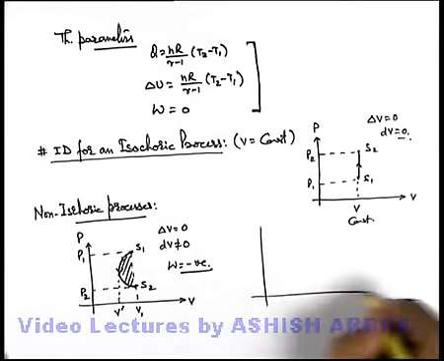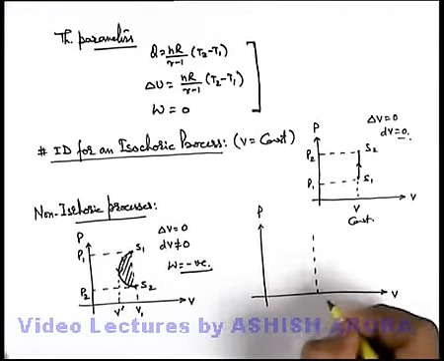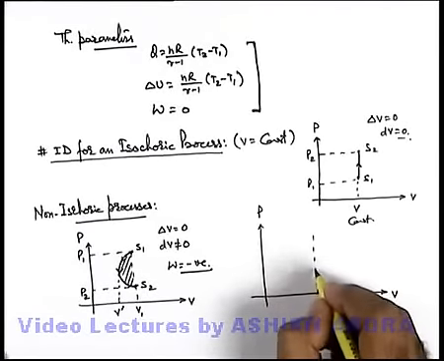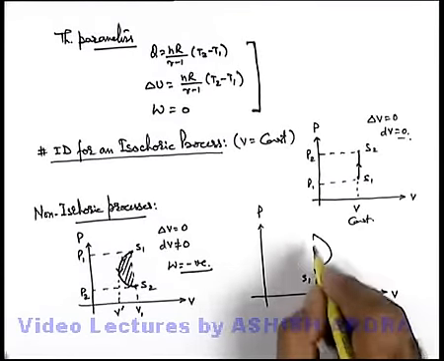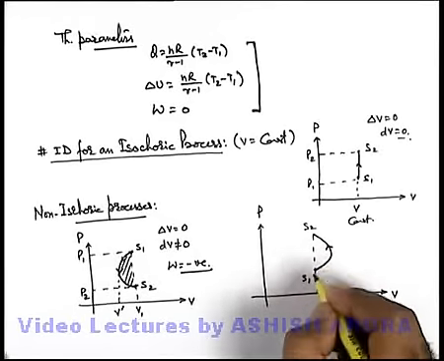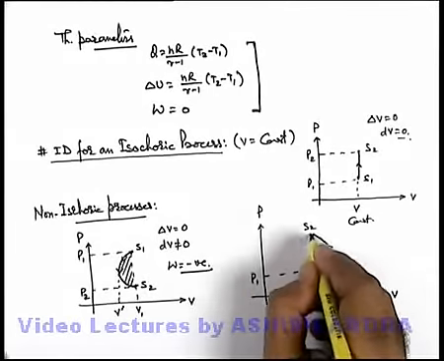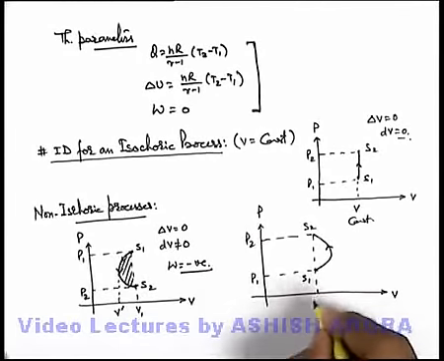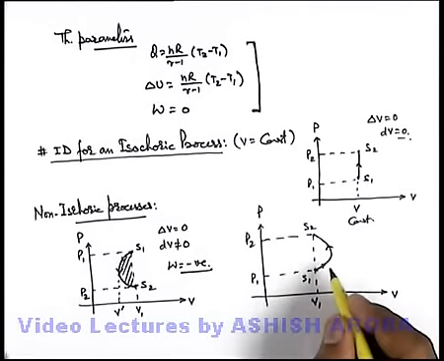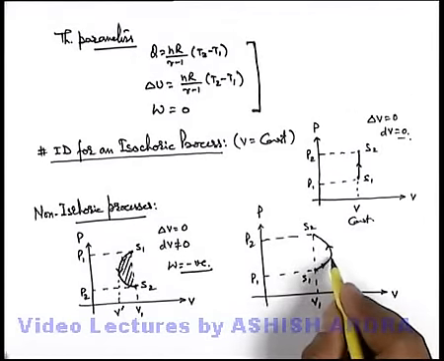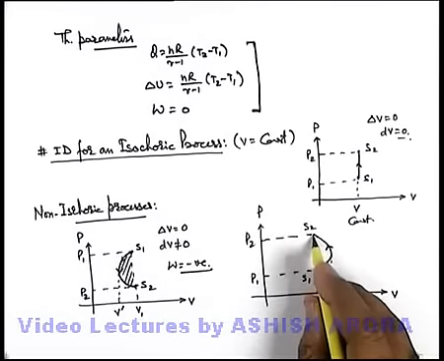Similarly, we might have a situation in which the gaseous state is changed from S1 to S2 like this. Initial state is here, final is here. The gaseous state is changing in this manner, such that initial pressure is less and final pressure is more. The volume is kept constant at value V1. So in this situation also, first the volume is expanded and then it is compressed.